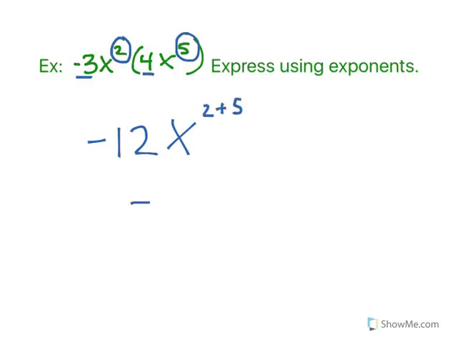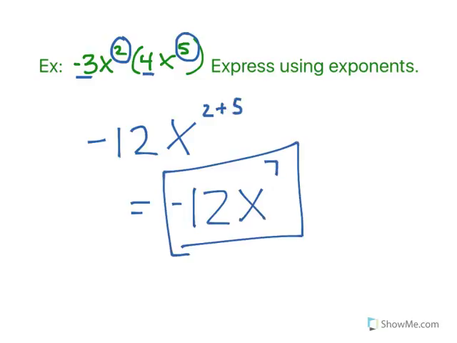And we can simplify that to be negative 12 times x to the 7th power. And that's my final answer here. So again, we're going to be multiplying our numbers outside our base. Then we're going to include that base of x down here. And then we're going to add our 2 exponents to make our final exponent.